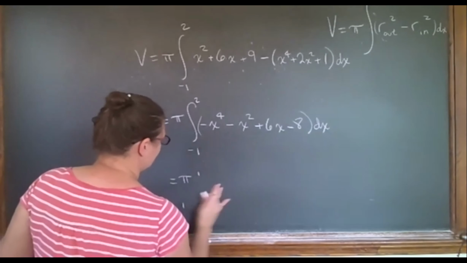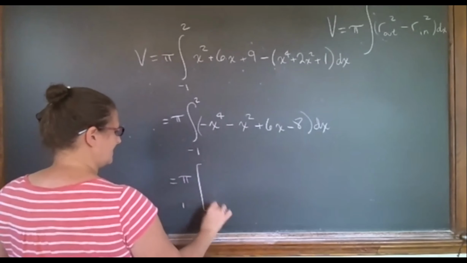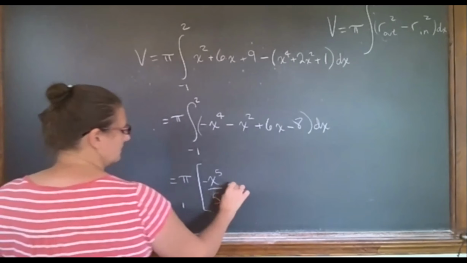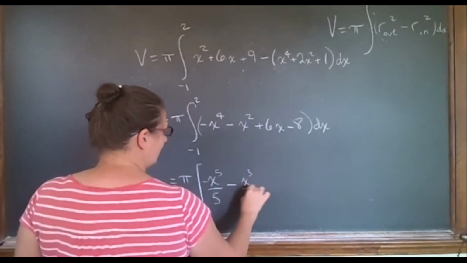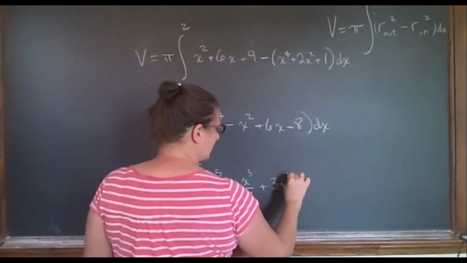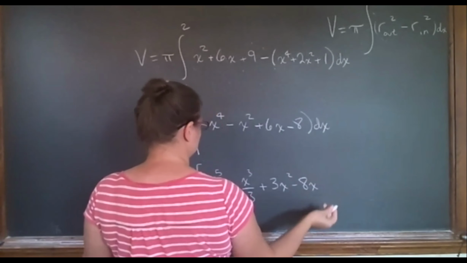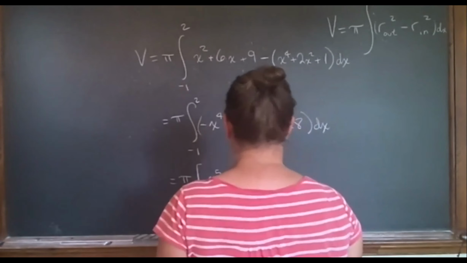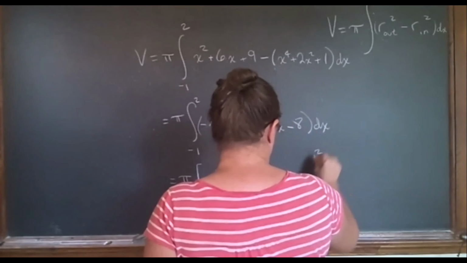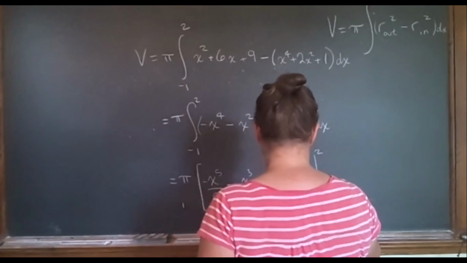Oh, I wanted to integrate, so I get rid of that. Sorry, forgot where I was. Minus x over 3 plus 3x squared minus 8, x from minus 1 to 2.